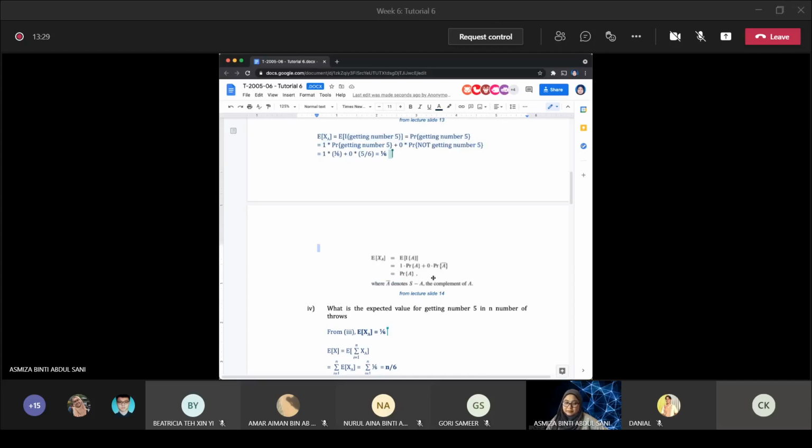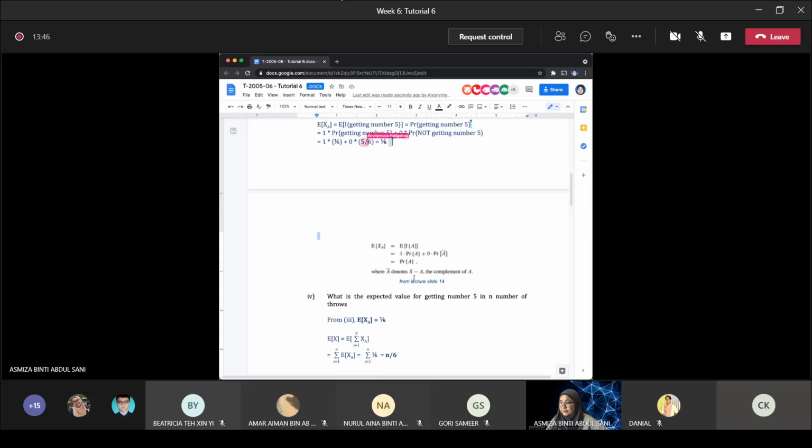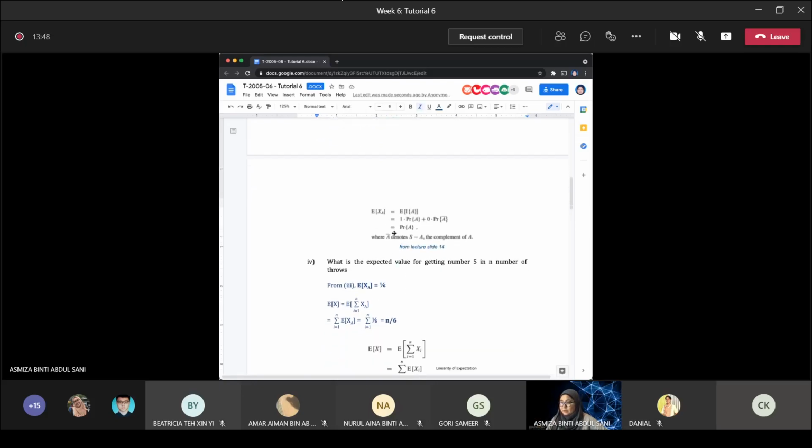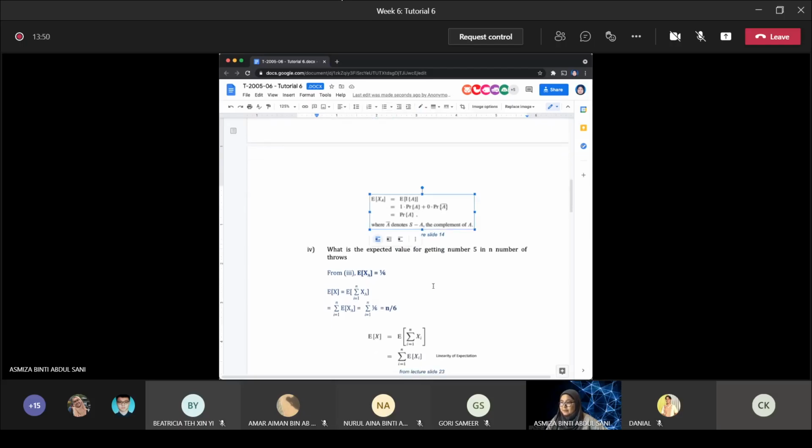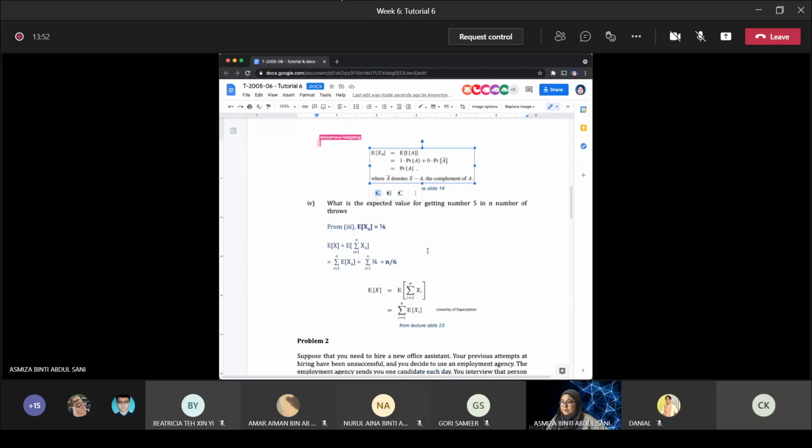It's pretty straightforward. In order to find the expectation of getting 5, it is 1 times 1/6 of getting that 5, and 0 times 5/6 of not getting the number 5. So this is from the slides.